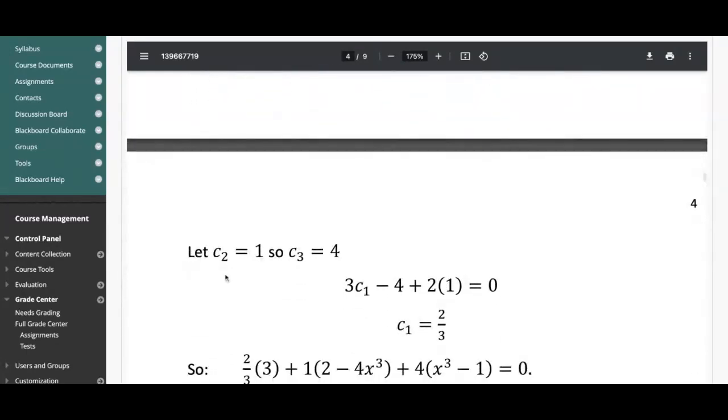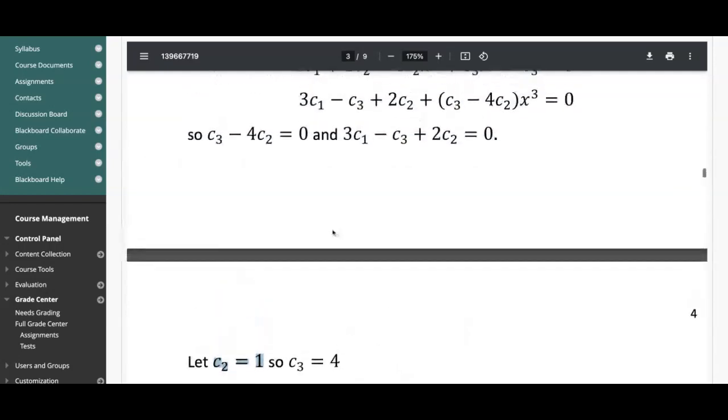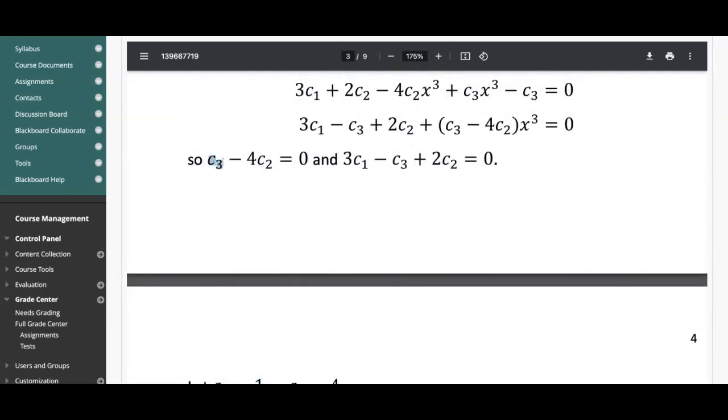So what do we do? We just pick a value for one of these C's. It could be C2 or C3; if we pick C1, it won't work, because we could still solve the system of 2 equations.